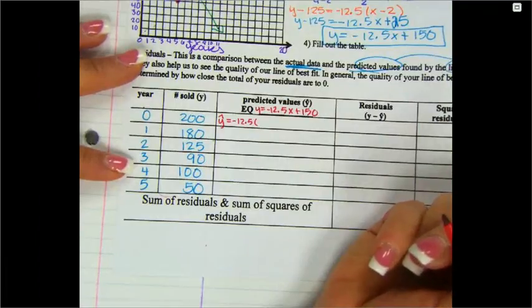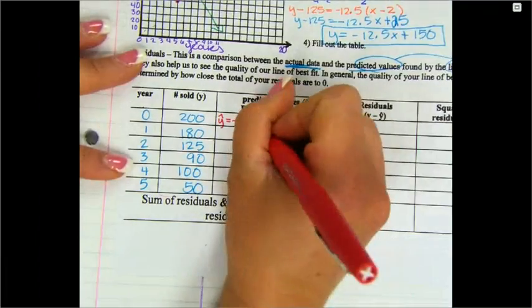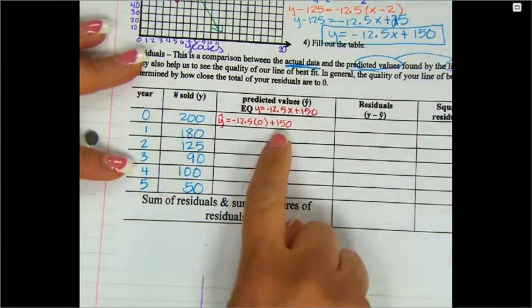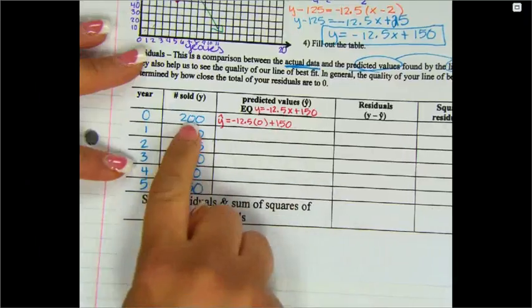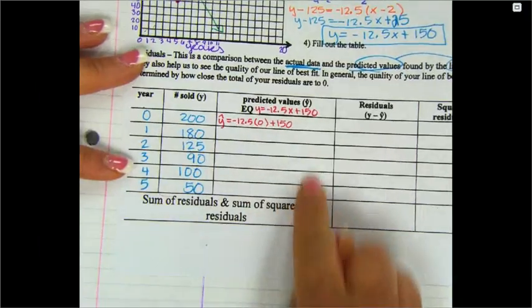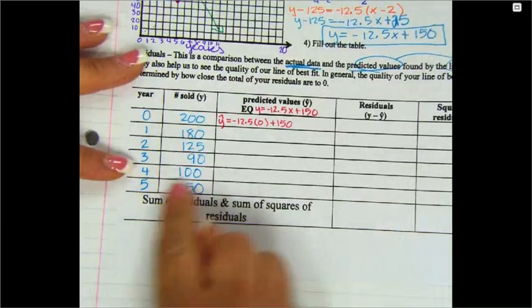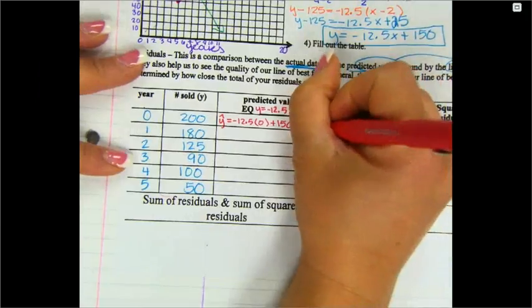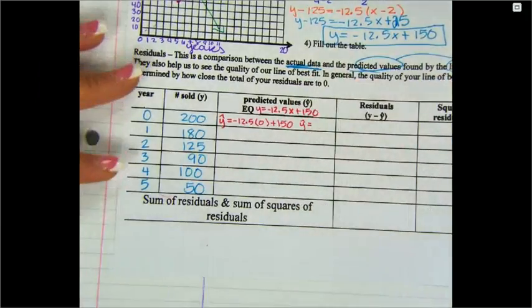What's your X? 0. Plus 150. We're trying to see if this number, when we get it, is close to this number here. Do you understand? So we're trying to see if these values we get here are going to be really close to these values here. Got it? So you're going to solve this and you're going to get Y hat equals something.